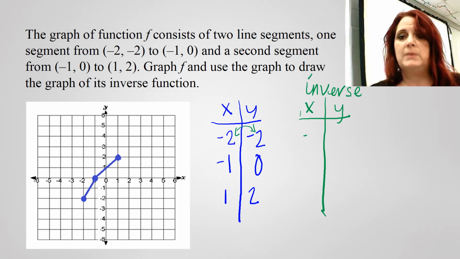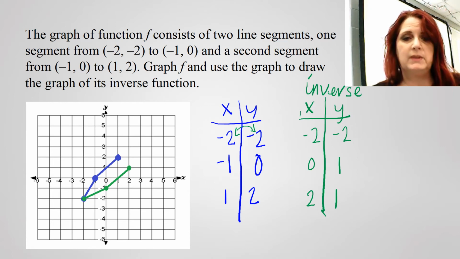So the Y becomes the X and the X becomes the Y. And then when I graph that, it will look like this. Little note here, it is reflective over this y equals x line, this diagonal line.